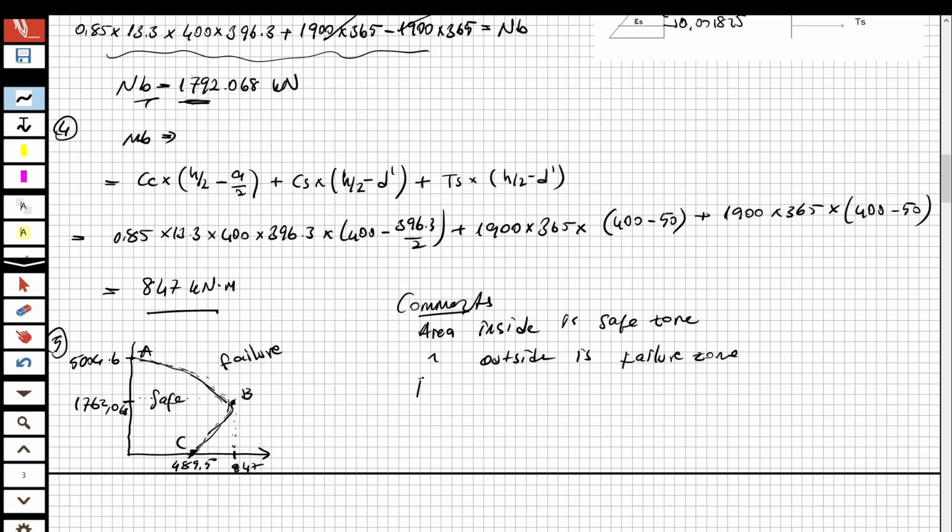Point A represents the axial compression, pure compression, okay? The point B represents balanced failure.